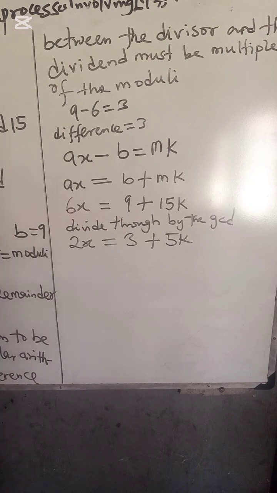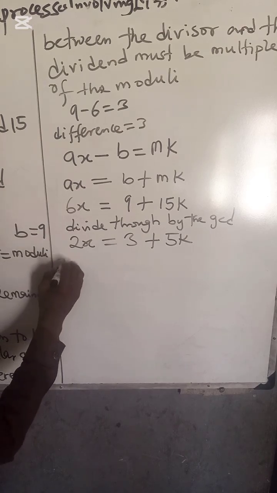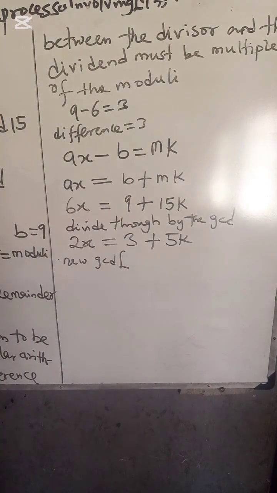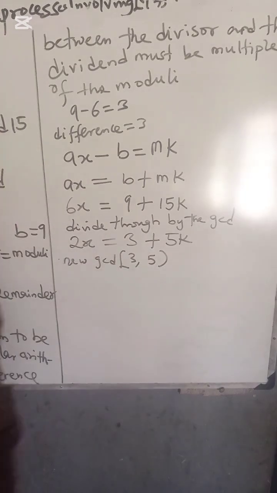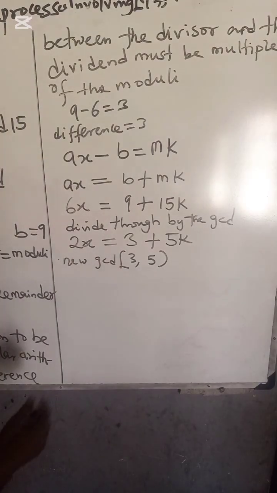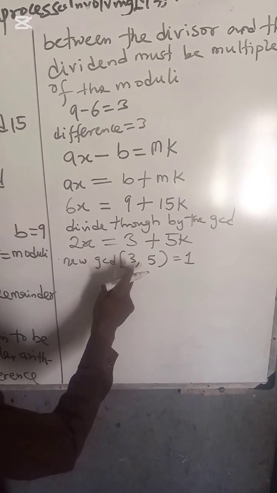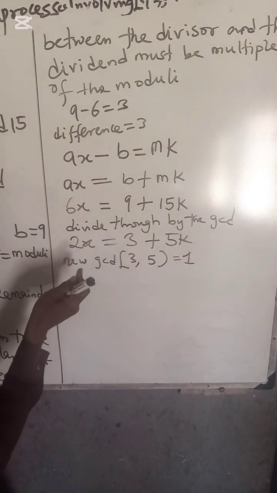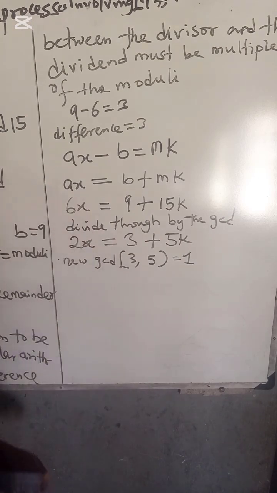After dividing, remember the new GCD, we now have 3 and 5. You can see the GCD between 3 and 5 is equal to 1. Now, we have to look for the inverse. That is what will help us to isolate this x.